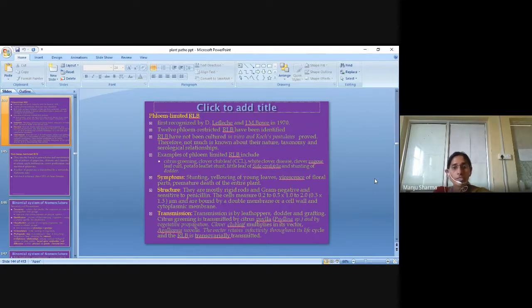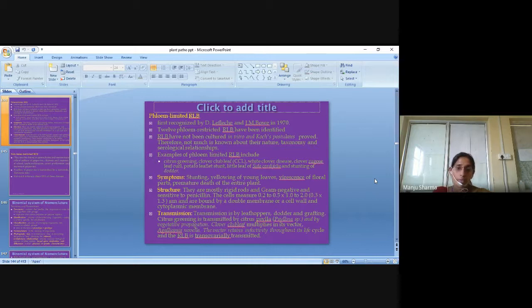Therefore, not much is known about their nature, taxonomy, and serological relationship. Examples of phloem-limited RLB include citrus greening, clover club leaf, white clover disease, clover rugose leaf curl, potato leaflet stunt, little leaf of Sida cordifolia, and stunting of dodder.